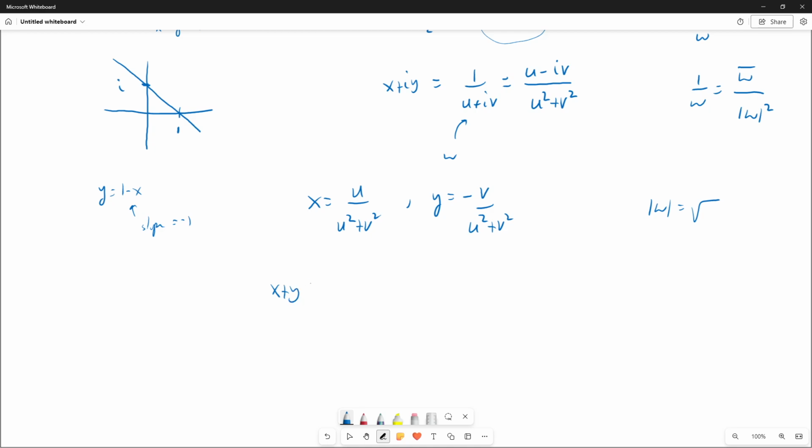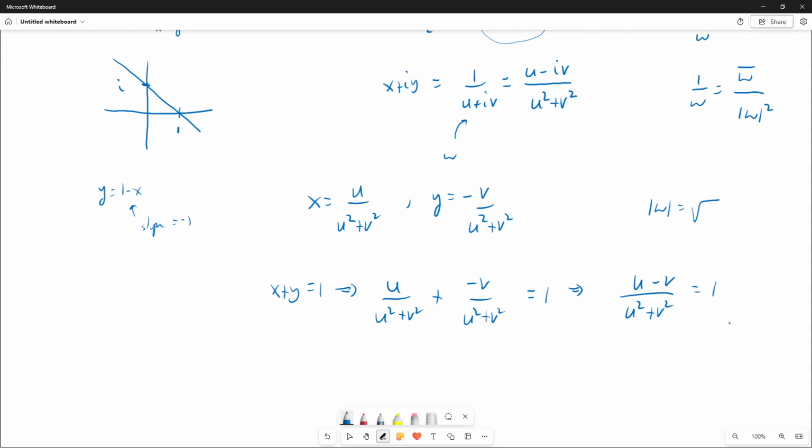So if we add these two right sides, they add to 1. u over u squared plus v squared plus negative v over u squared plus v squared is equal to 1. We can just combine these fractions. They have the same denominator. u minus v over u squared plus v squared is equal to 1.